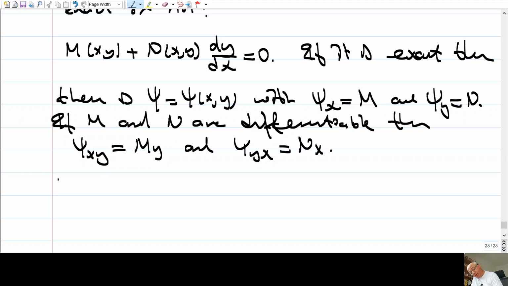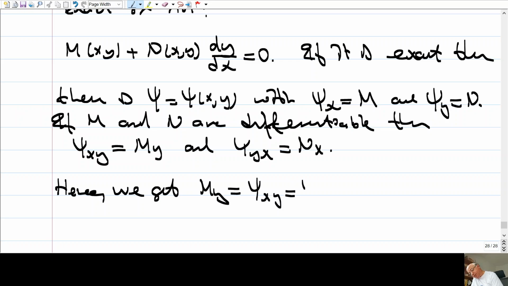So hence, we get M sub y, which is psi xy, but this is equal to psi yx, and that's equal to N sub x.